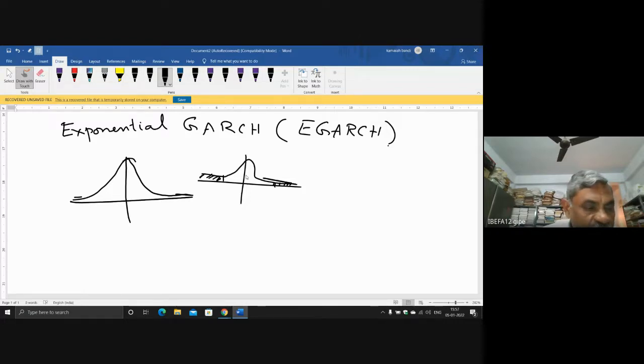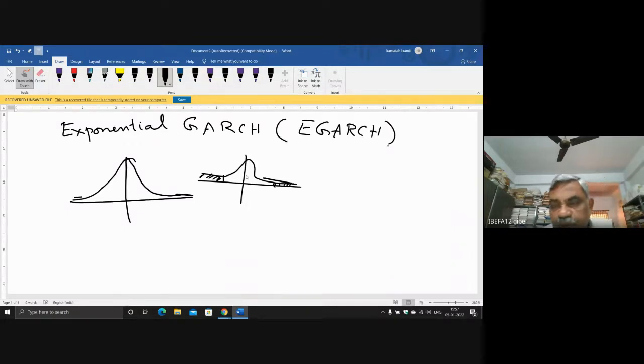In the presence of such thick tails, what kind of GARCH model would capture those things well? The E-GARCH models capture the thick tails and also volatility clustering.